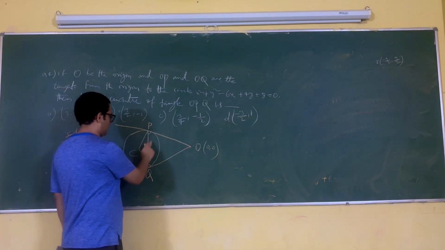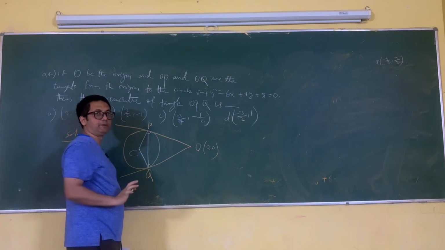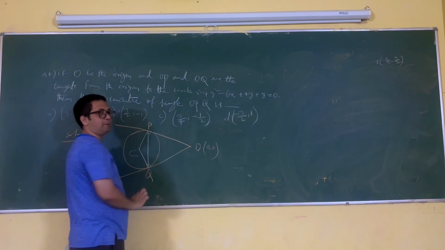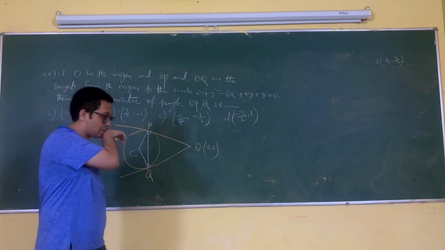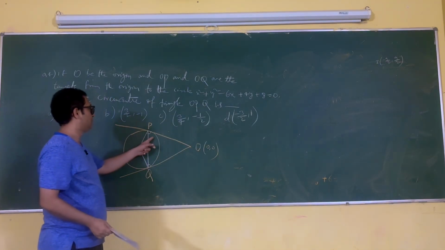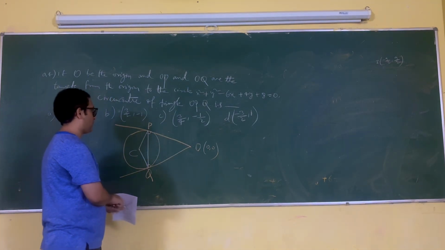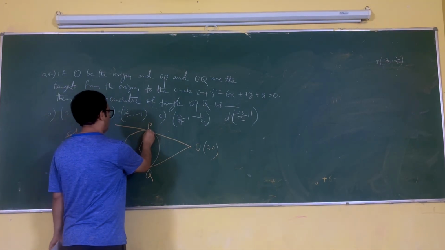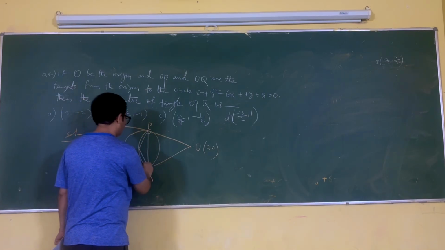Why? Because this angle and this angle, opposite angles, are supplementary. So this and this will also be 180 degrees because the sum of all the angles of a quadrilateral is 360 degrees. So it means that a circle will pass through all these 4 points.